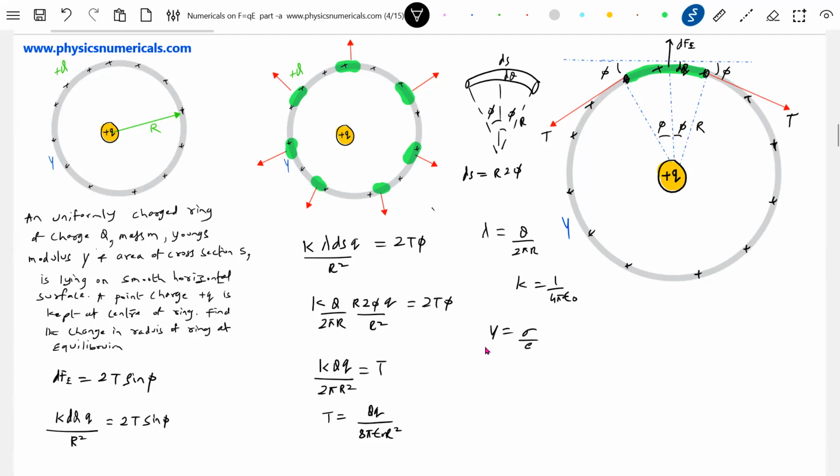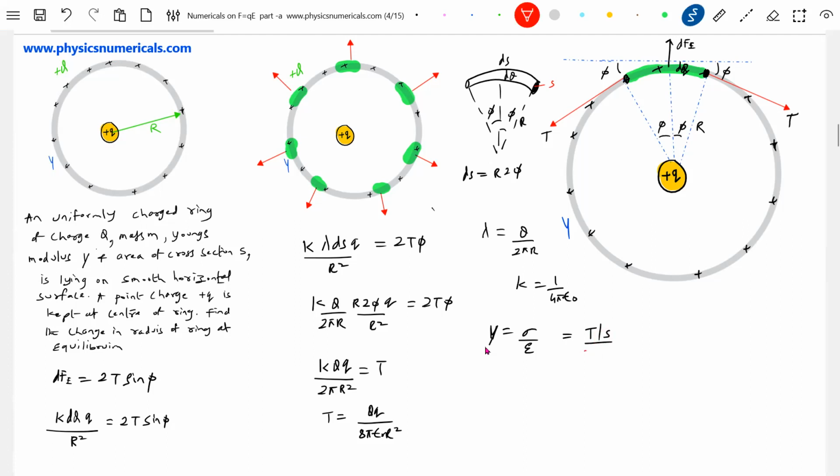Okay, let's come to Young's modulus. It is defined as stress by strain. What is the stress? T by S. What is S? S is this part, the area of cross section of the ring. So the force per unit area will be tensile stress.